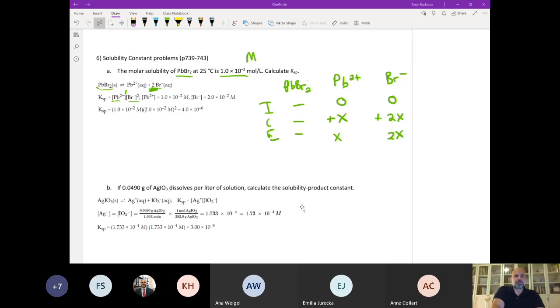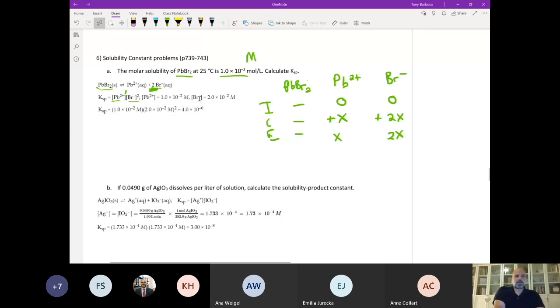So we know what our solubility of the reagent is in solution.